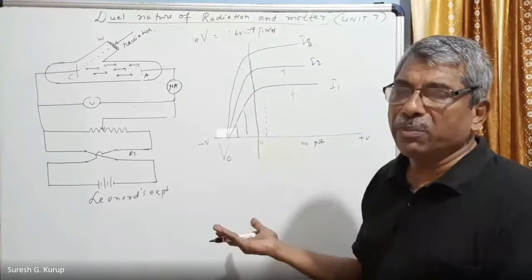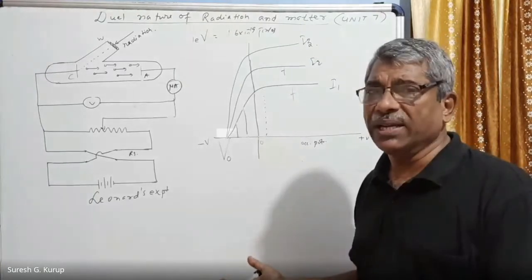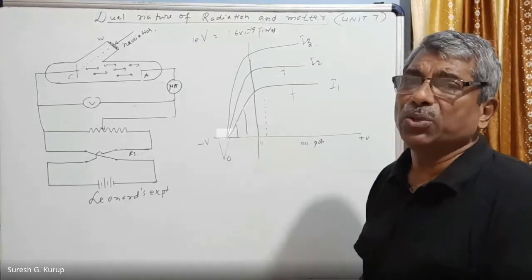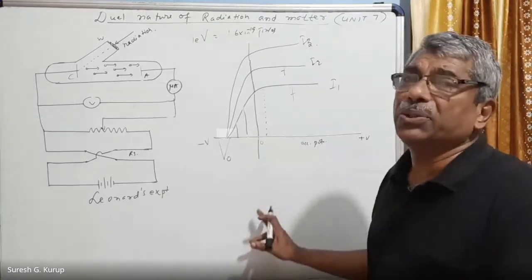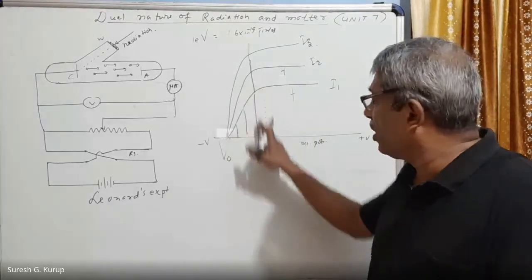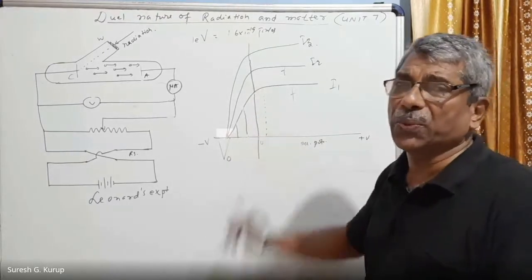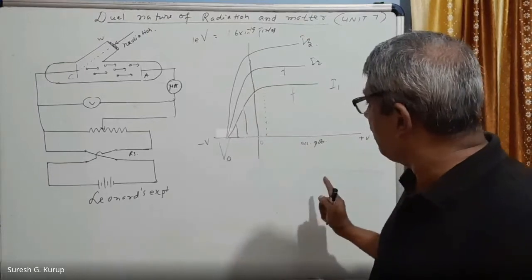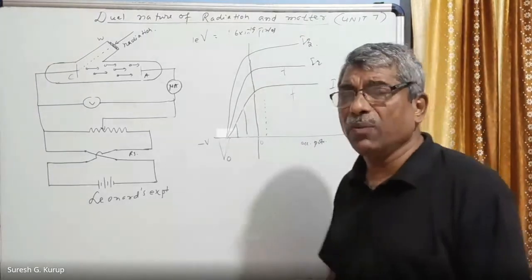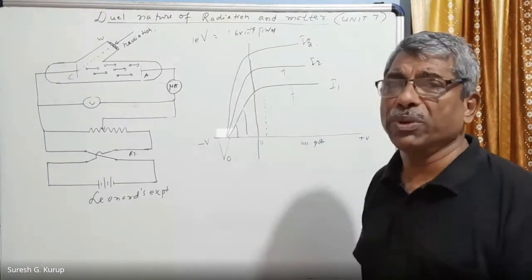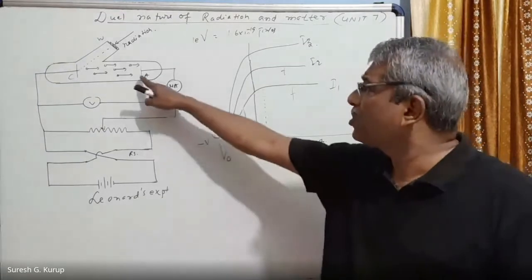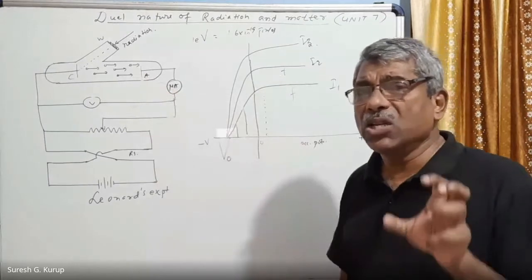So when the anode plate becomes negative, and the electrons are also negative, this negative potential is sufficient to stop the electrons from reaching the anode plate. So the photoelectric current becomes equal to zero. Right? This is the condition. So why is this stopping potential able to stop the electrons? Because when a stopping potential is applied to the anode plate, it does work.